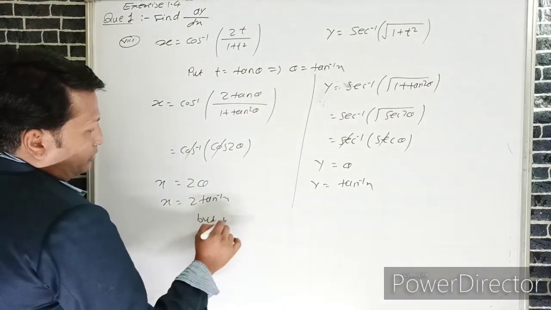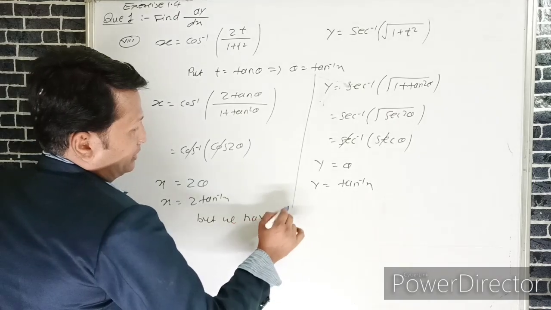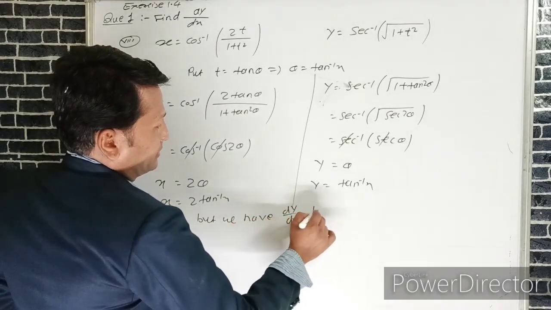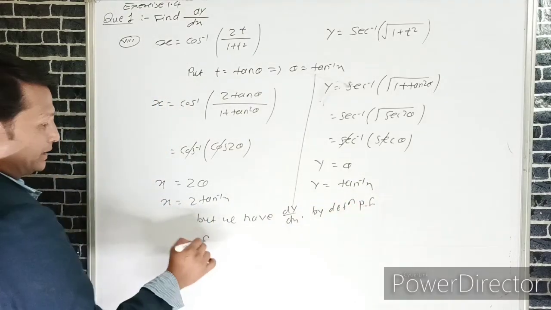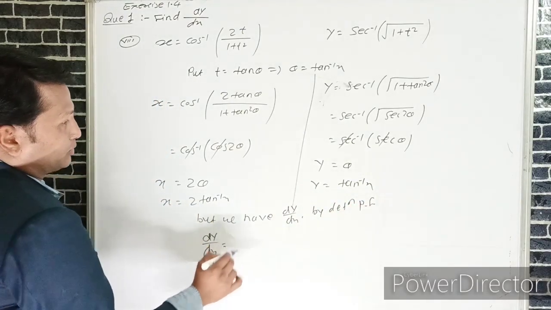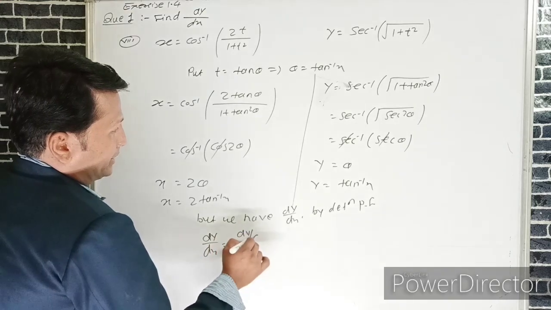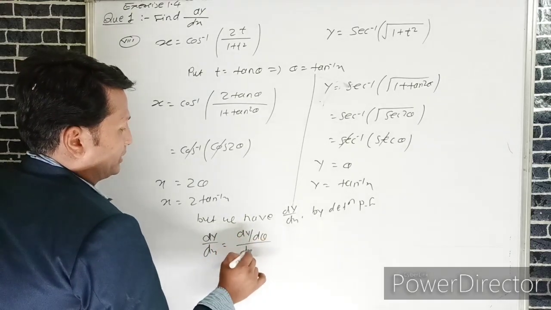But we have to find dy/dx. By using the definition of parametric functions, we can write dy/dx = (dy/d theta) upon (dx/d theta).